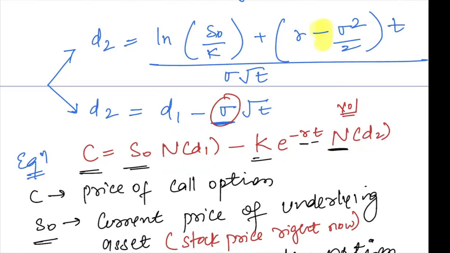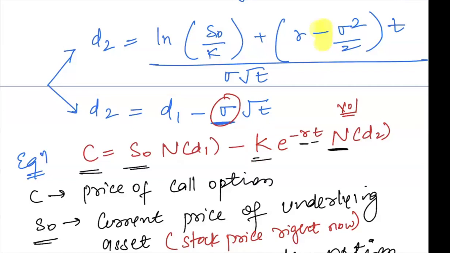So if someone asks you what the equation is: C = S naught N(d1) minus K e raised to the power minus RT N(d2), where C is the price of the call option, S naught is the current stock price, and N(d1) and N(d2) are the cumulative distribution function, CDF, of a standard normal distribution. Always remember, CDF of a standard normal distribution.